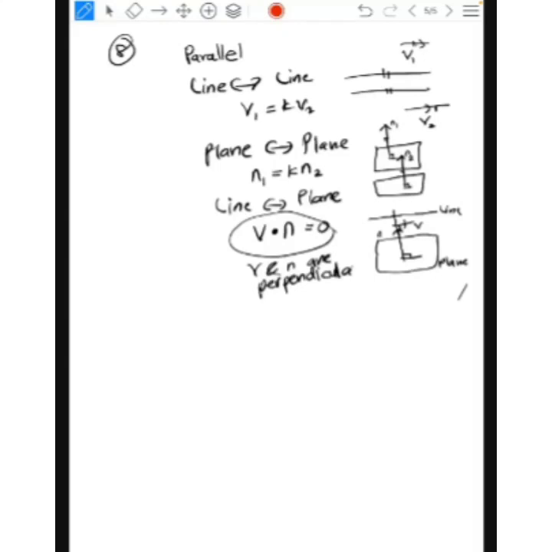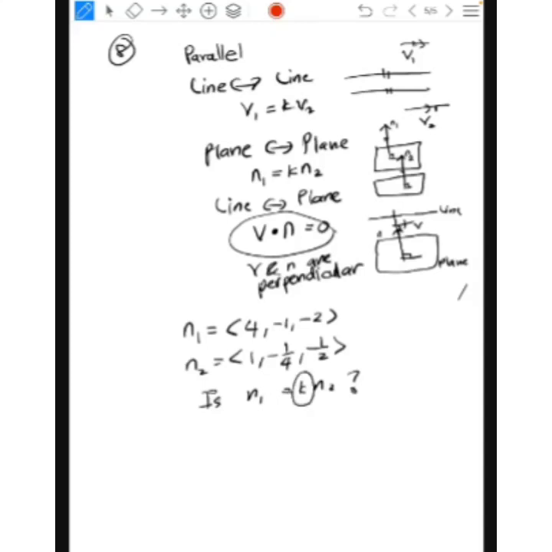This is planes. So n1 is 4, -1, -2, and n2 is 1, -1/4, and -1/2. Is n1 equal to k n2? How do you determine k?